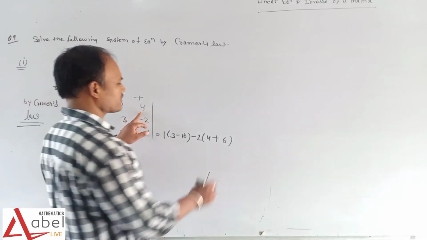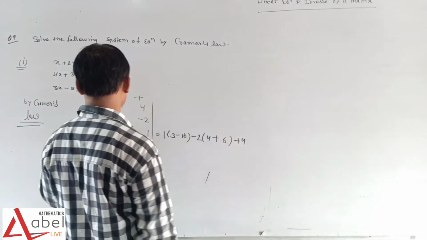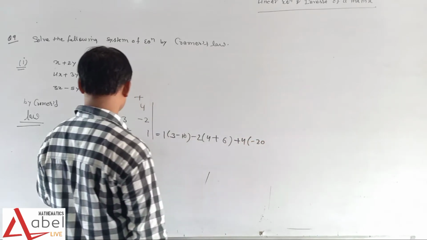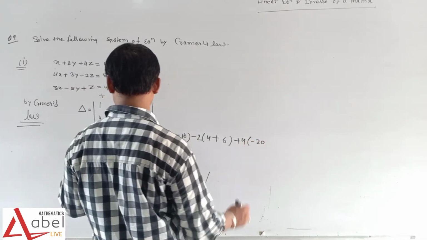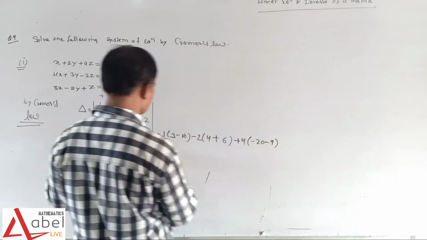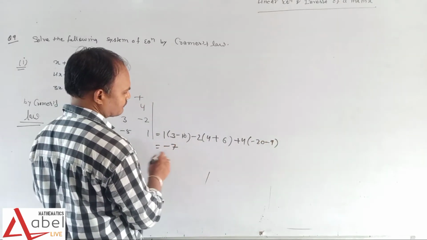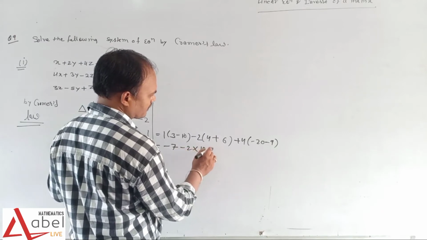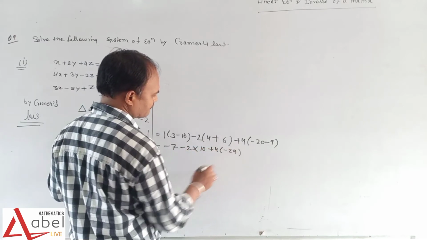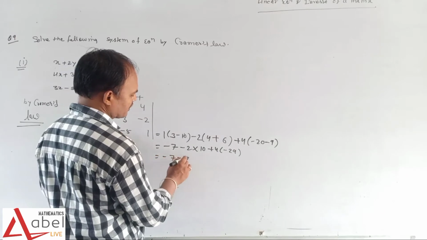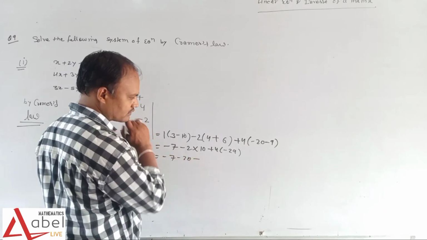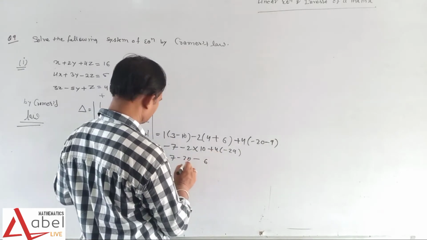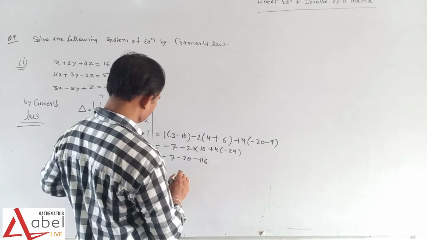What about the 4? So we can say that it is a 4 and it is a minus 20, minus 20 minus 9. Okay, so what about here? It is a minus 7. What about here? It is a minus 2 and it is a 10, it is a 4 and it is minus 29. So it is minus 7, it is a minus 20 and it is minus 116.